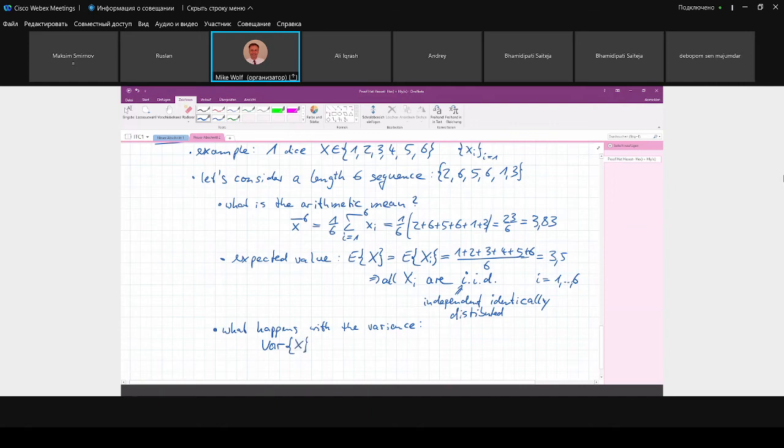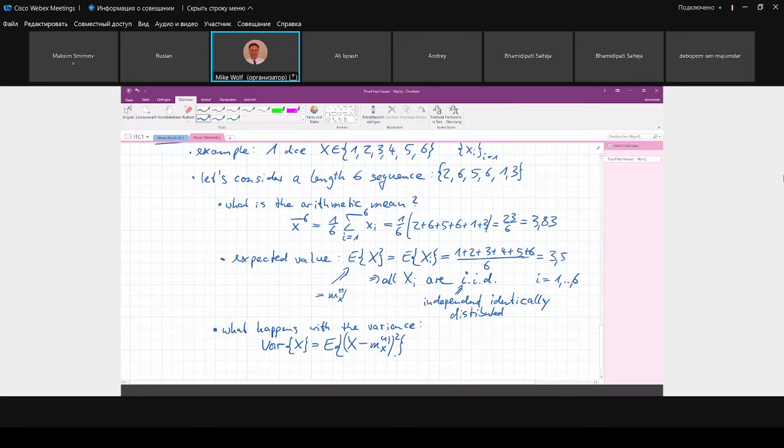This is also valid for x1, x2, x3, it's clear. And this is nothing else than the expected value of x minus mx1, the first moment. The expected value is the first moment. So now we subtract the mean from the random variable and take a look at the power and average this.